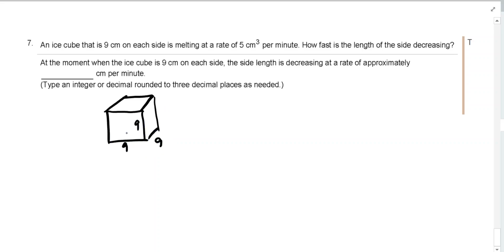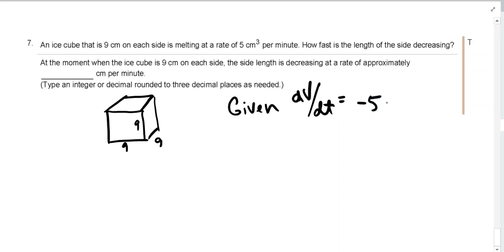And we need to think about, if it's melting, then what's changing is the volume. And it's doing it at a rate of 5 centimeters cubed per minute. So we are given dV/dt is, because it's melting, it's deteriorating, -5.